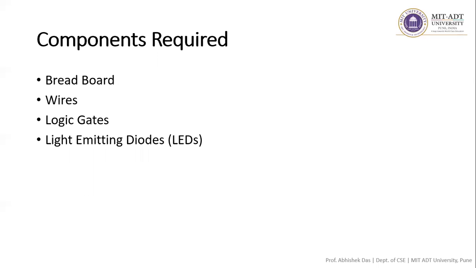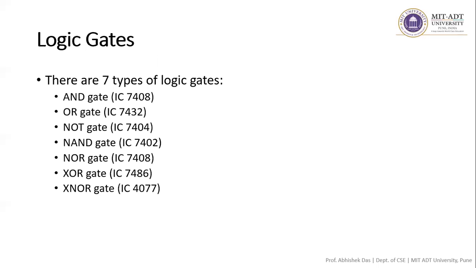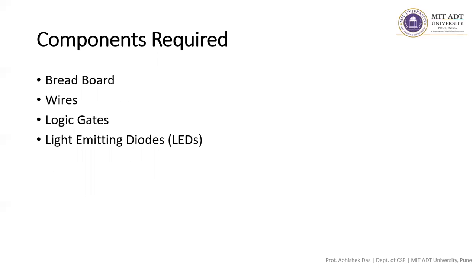Before starting with the AND gate, let me explain the different components required to implement a particular gate. The first component required to implement a particular IC is the breadboard. The breadboard is very important, where you will have to place the IC to implement that particular logic.